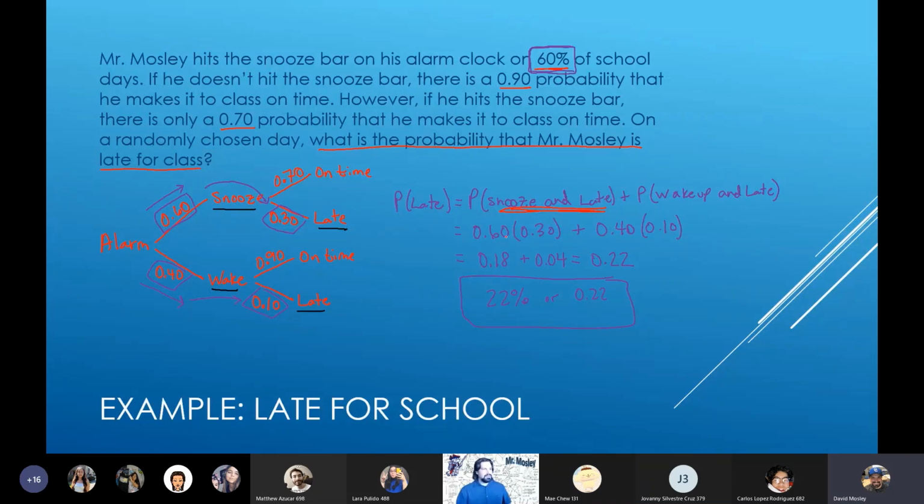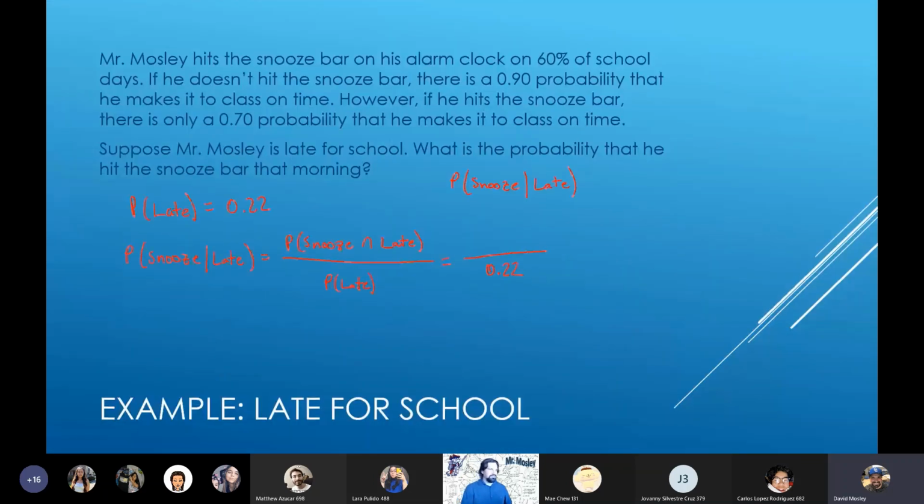We have that 0.6 times 0.3, which gives us that 0.18. So when we come back here, the snooze and late is that 0.6 times 0.3, which we get from our tree diagram.